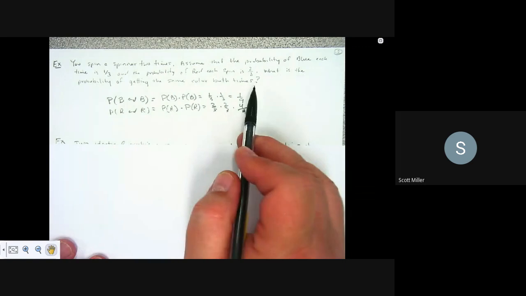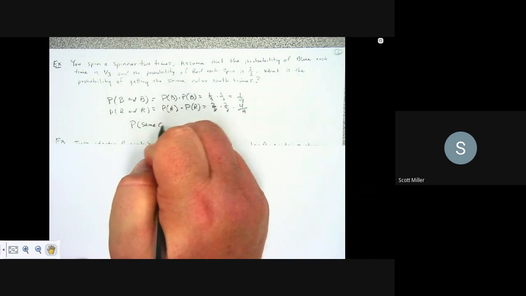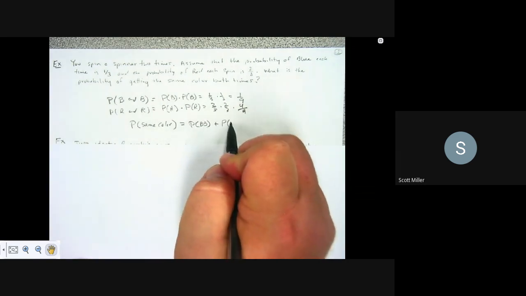Now, the probability of getting the same color both times, well, I can get either both blues or both reds. That is now a mutually exclusive thing. So for that one, the probability of getting blue or red, also signified by saying the same color, is the probability of a blue and a blue plus the probability of a red and a red.